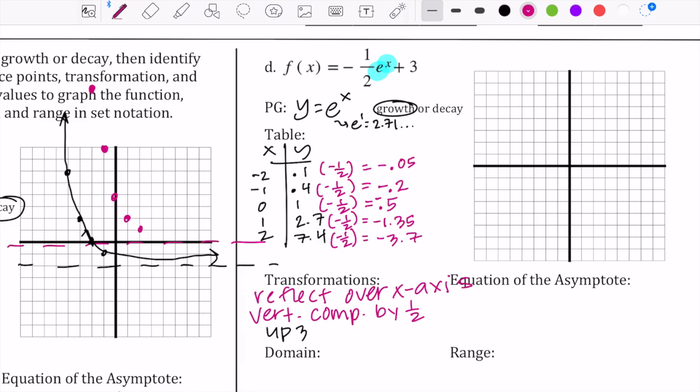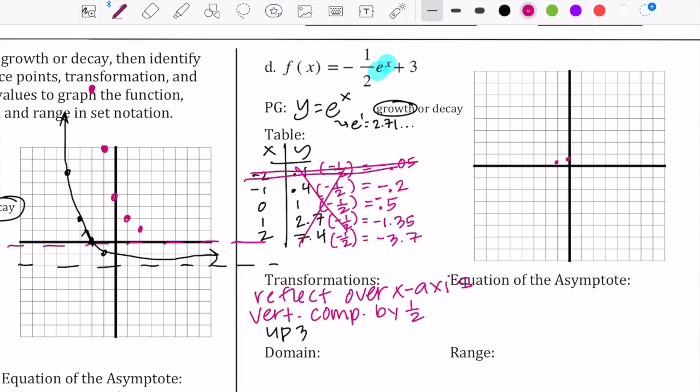Okay? So then we're going to plot those points on the graph. This one is so tiny that if you don't get it on there, it's okay. You know it's going to coast along the asymptote. So we have -1, -0.2. I don't want to cross off -1, -0.2, because you always want to have one positive, 0, and one negative at a very minimum. The more you can get on there, the better. When it's at 0, it's at -0.5.